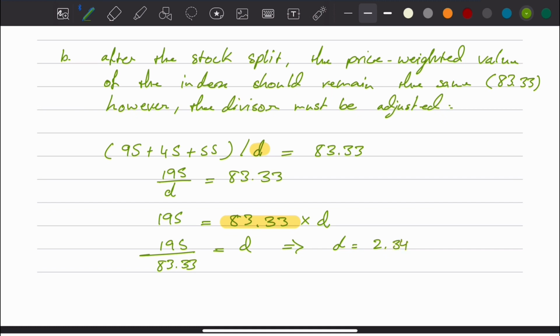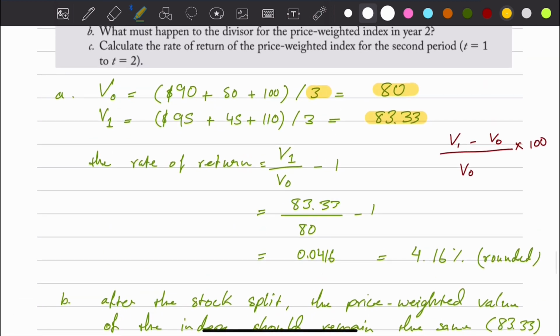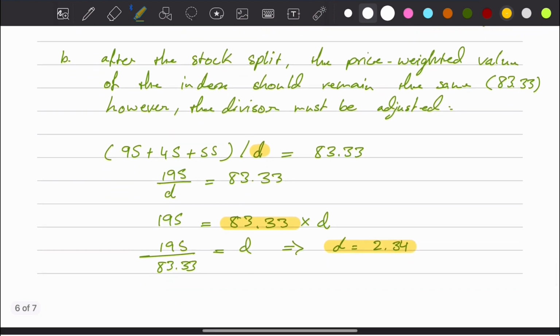So this is the new divisor of the index. Instead of 3, it should now be adjusted to 2.34, to use as the new divisor for updating the price-weighted value of this index.